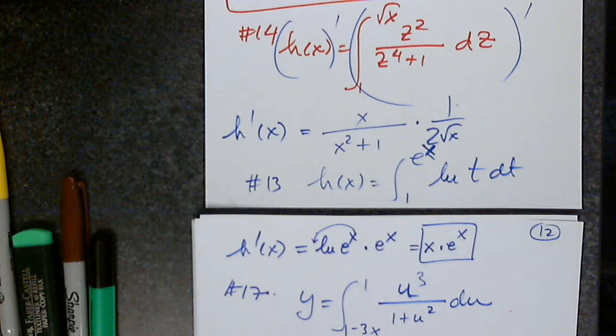So you get a positive 3 times 1 minus 3x to the third over 1 plus 1 minus 3x squared. So how do you know when to flip them? When the x is in the bottom? The fundamental theorem of calculus part 1 requires the lower limit to be a number. If the lower limit is not a number, you cannot use the property. You cannot differentiate.